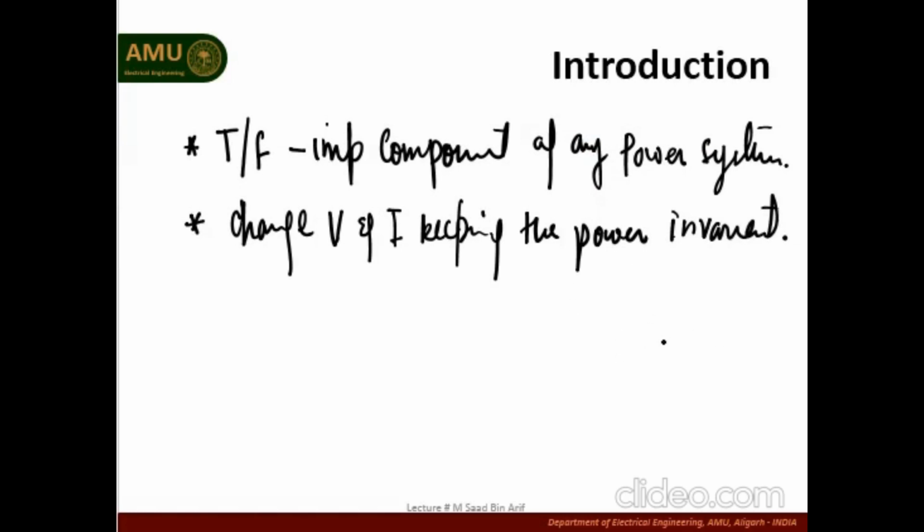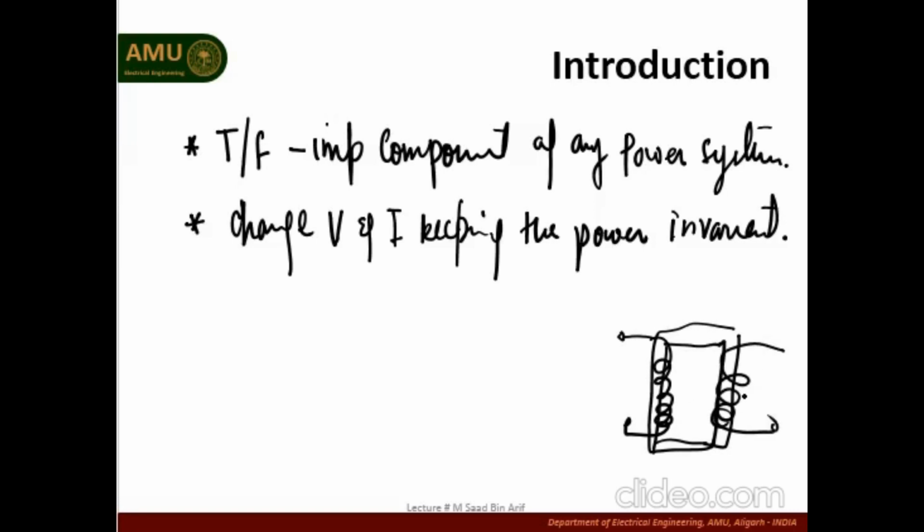And if we talk about the construction of a transformer, you will find that the two electrical circuits are linked together through a magnetic core, that is, a magnetic circuit. So this is electrical circuit 1, this is electrical circuit 2. You will find that there is no electrical connection between the two circuits.